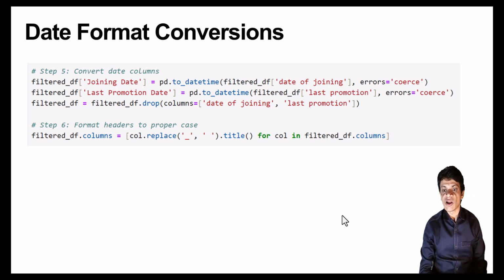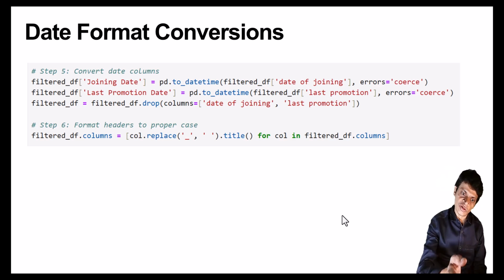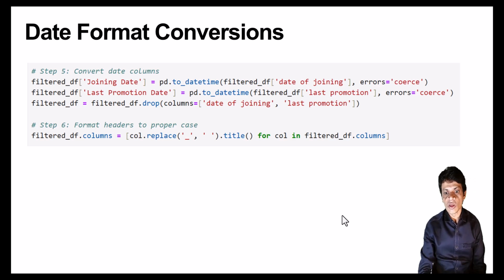Now we already created the date format. Then what is the use of date of joining and last promotion? It is not required. Again, use the drop function to remove those two columns. Once the columns are removed, now we have the proper columns like name, joining date, last promotion date, and department.